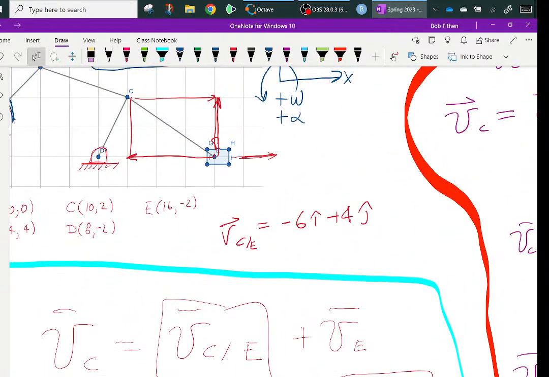Okay, I go back to the left 6. This is 2, 2, and 2, and up 2, 2. So I think we're good there.